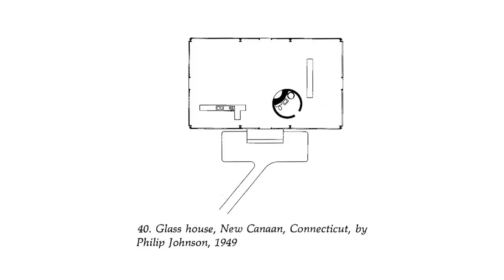The last category is a great room encompassing. So the building is actually one big space, and all the functions are organized in this. This is an example of the Glass House by Philip Johnson. You have to imagine the facades are completely made out of glass.